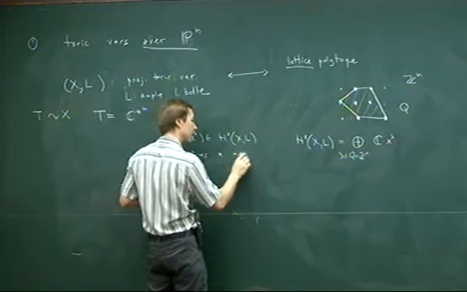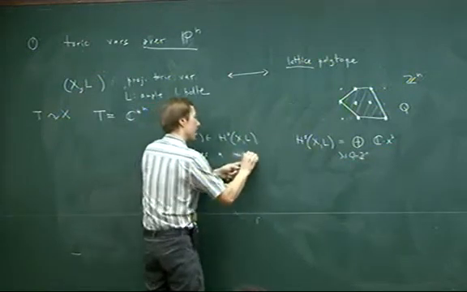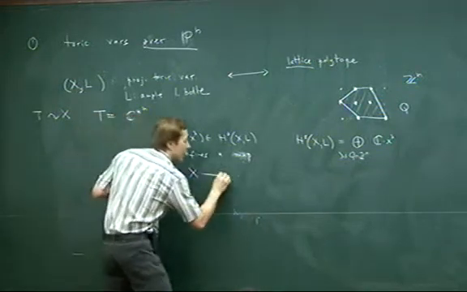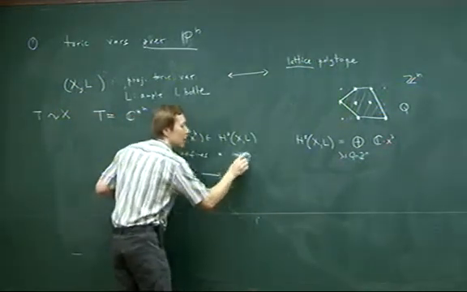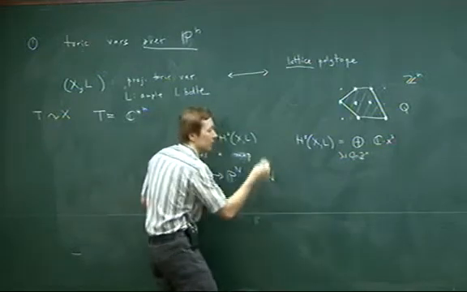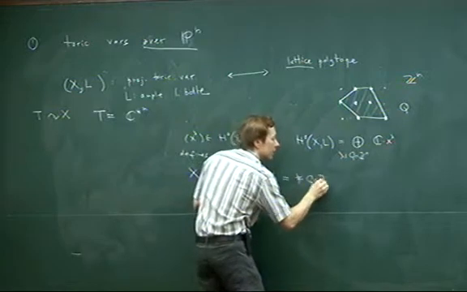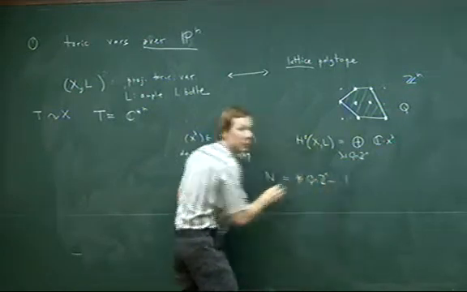Well, let's start with a map x from X to Pn, where n is, well, it's the number of these integral points minus 1.